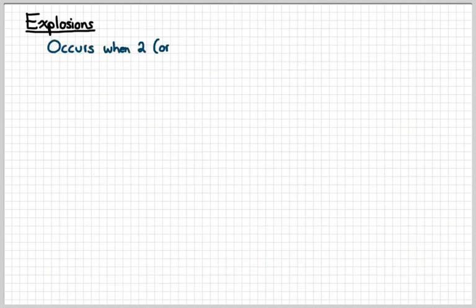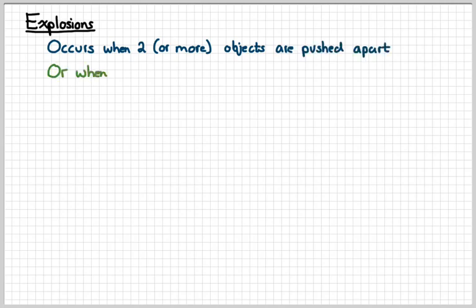An explosion is when two or possibly more objects are pushed apart, or when one object breaks into several objects, which are then pushed apart. Typically we think of explosions involving fire or expanding gases or something like that, but in a physics sense it just means that two or more objects push each other apart.